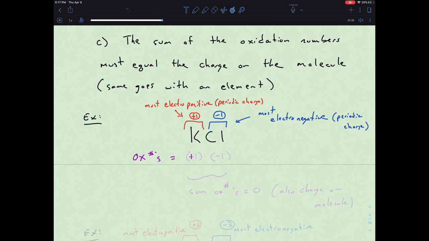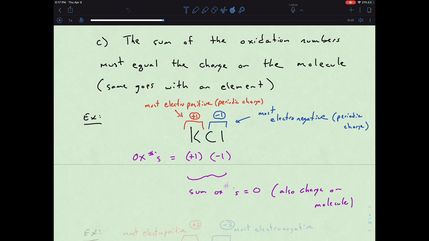We're going to have +1 for the potassium, we're going to have -1 for the chlorine, and the sum of those oxidation numbers is equal to 0, which is also the charge on the molecule.